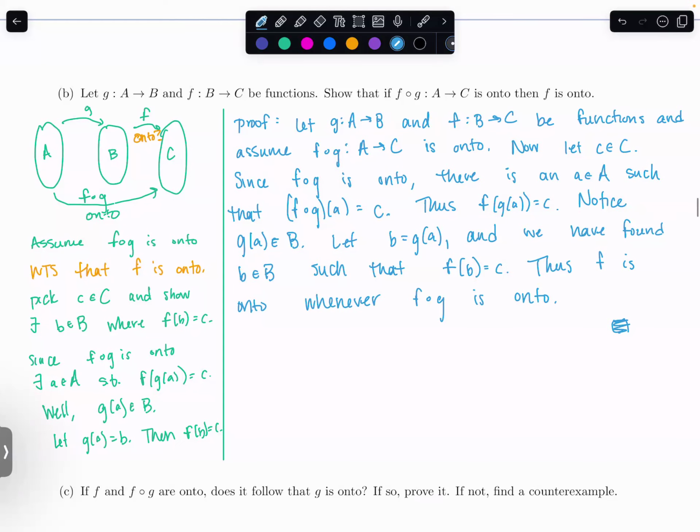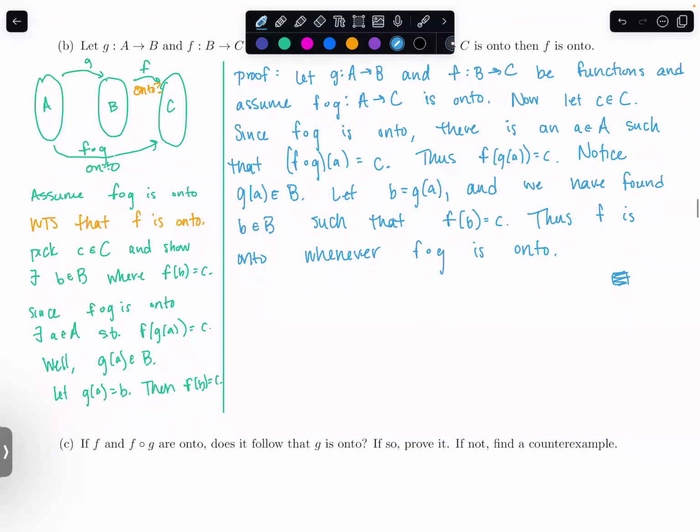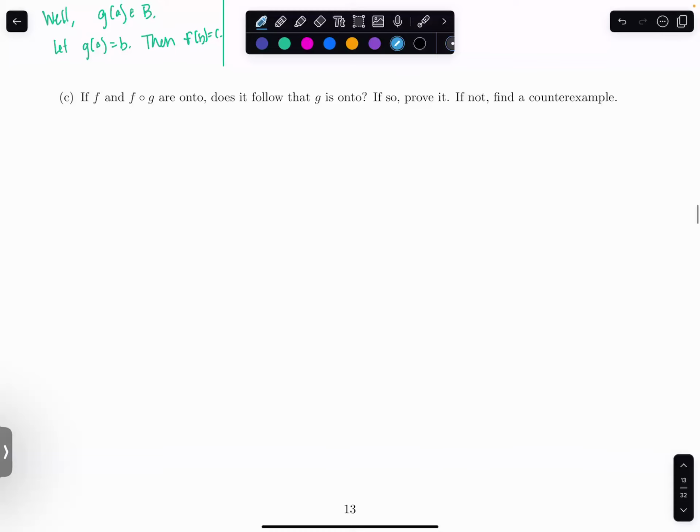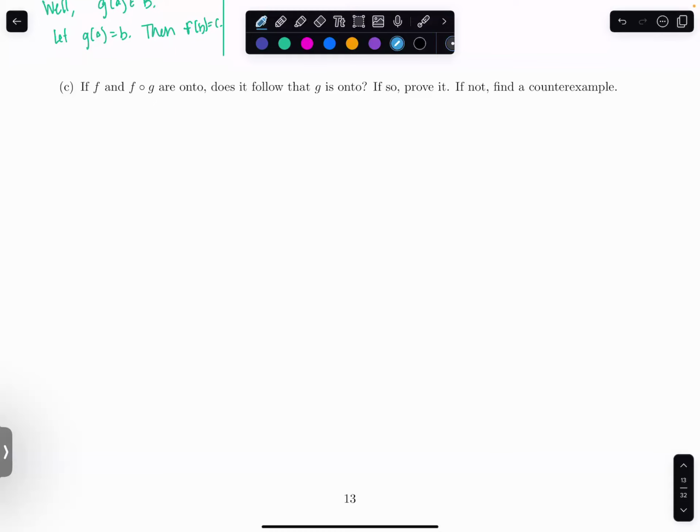All right, moving on. If f and f of g are onto, does it follow that g is onto? So prove it. If not, find a counterexample.